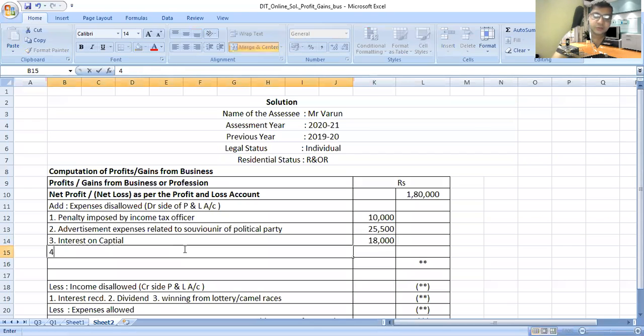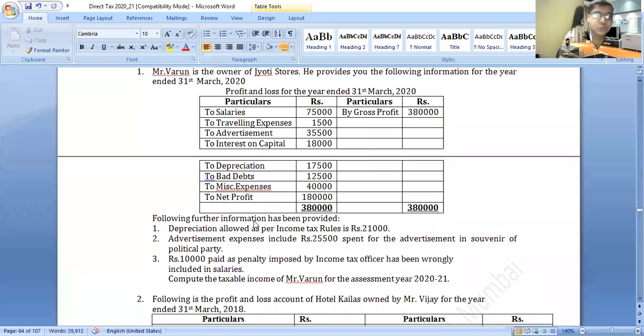We will write here fourth number, depreciation value 17,500. Depreciation value 17,500. Now, friends, in further information they have provided that actual allowable depreciation as per income tax rule is 21,000.